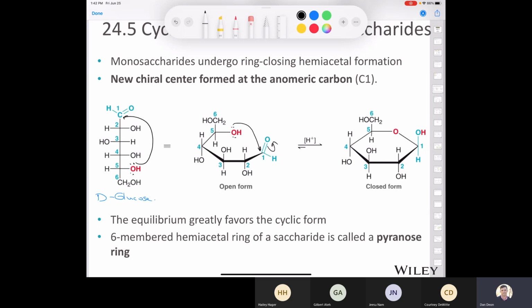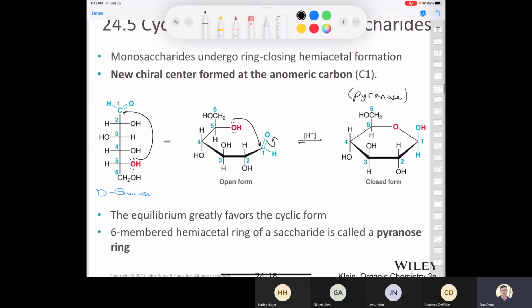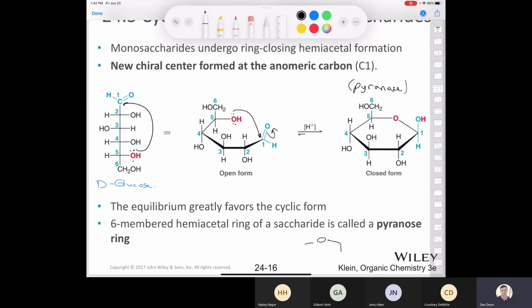It's named after the molecule pyran, which is this molecule here. This is called pyran, anyhow, which is neither here nor there, but it's a good idea to know where words come from. So here's the pyranose form, because we have that 6-membered ring that has the oxygen in it.